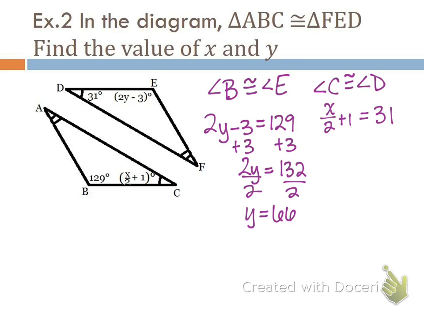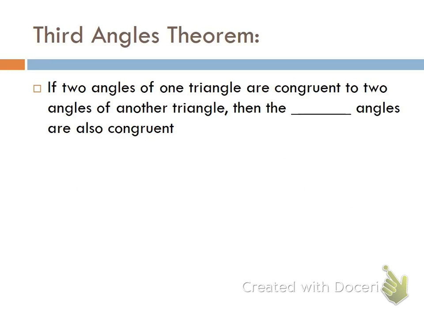To solve it, I would subtract 1 and then multiply by 2. Good. Times 2 to undo that division. x equals 60. Okay, and they just wanted us to find x and y, so we can stop there. If they'd wanted us to find the actual angles, we would have to plug it back in. Questions, concerns, ready to move on? On we go.